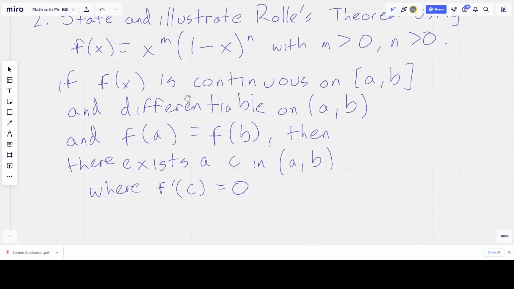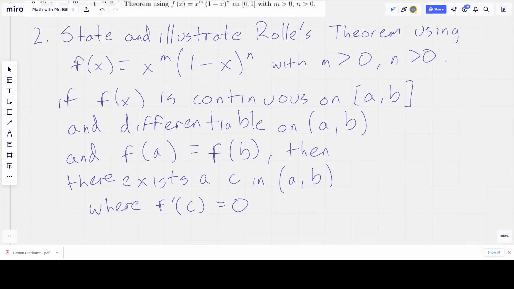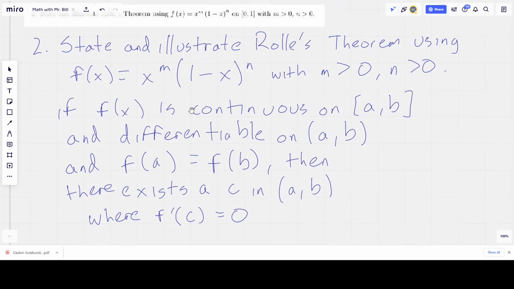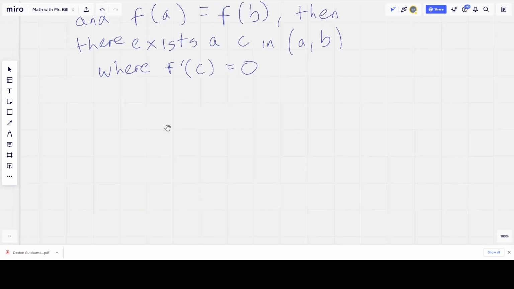So what we need to do now is find a place where the derivative of this function is equal to 0. So let's do that. That's going to be the most work in this problem. So we have f of x is equal to x to the m times 1 minus x to the n. So we have a product here, and so we're going to be using the product rule.